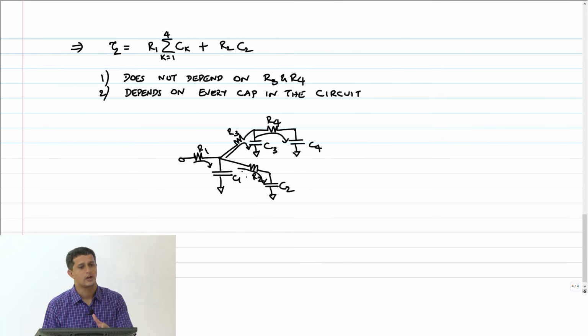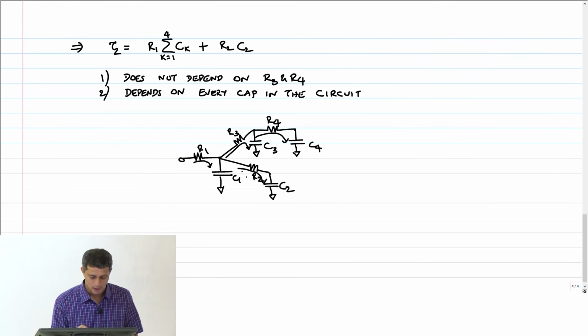In that expression, if I limit R3 and R4 to 0, it becomes a lumped capacitor. In which case, of course, it is R1 into C1 plus C3 plus C4, then R2 C2 is there, right? So you can do these checks to intuitively figure out that it has to depend on every single capacitor, right?